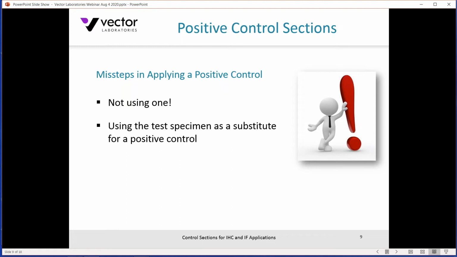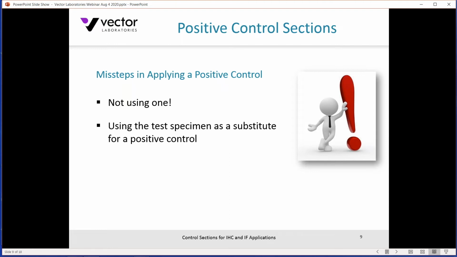If they'd worked it up on a positive control, maybe they'd see some really neat staining in a population of cells, or whatever it may be, that's not seen in their test specimen. And unfortunately, they're not getting the full bang for their buck, so to speak, in that test specimen, particularly if they aren't seeing the novel staining that they would have seen if they'd run an appropriate control.